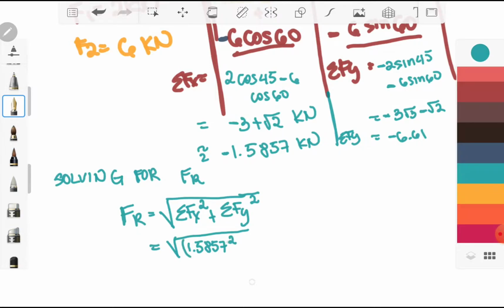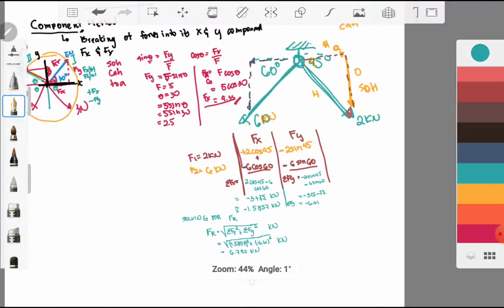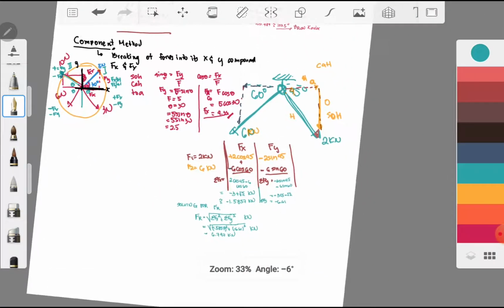The negative becomes positive anyway because it is squared, but just put the negative so you won't be confused. So plus negative 6.61 squared. Take note that it is in kilonewton. So we have a value equal to 6.797 kilonewton, which is approximately equal to our graphical method.